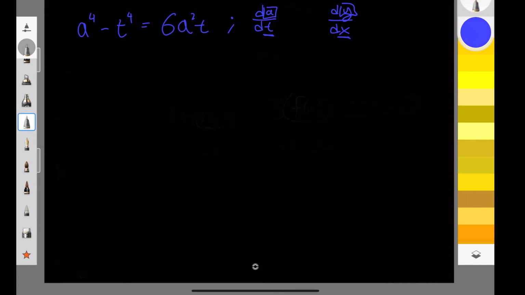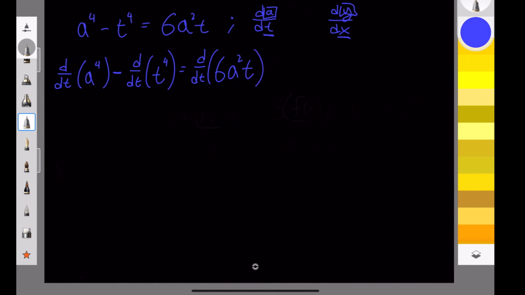They want us to differentiate everything with respect to t. So let's just write that out really quickly, right? d dt times a to the power of 4 subtracted by d dt times t to the power of 4 is equal to d dt times 6a squared times t.